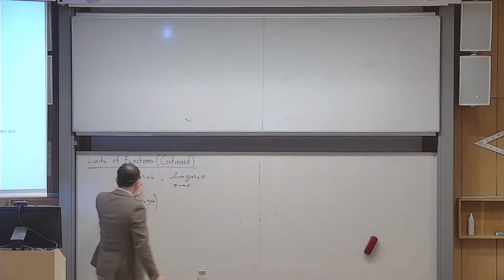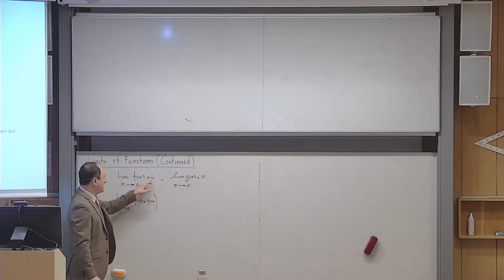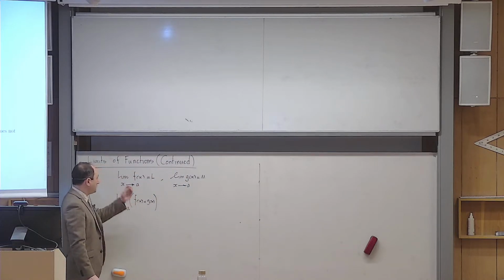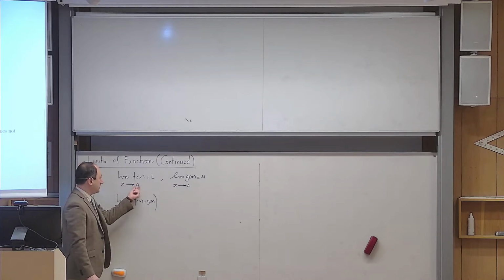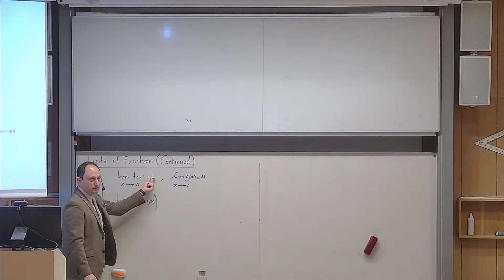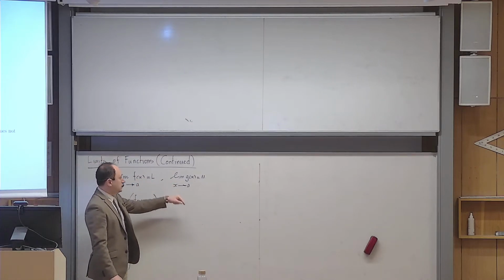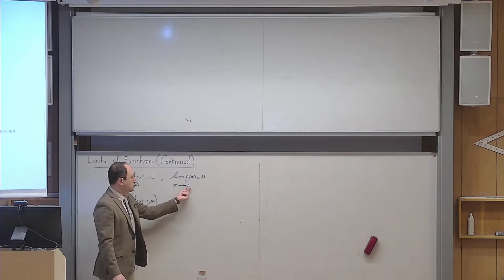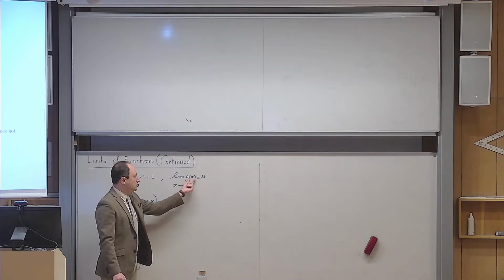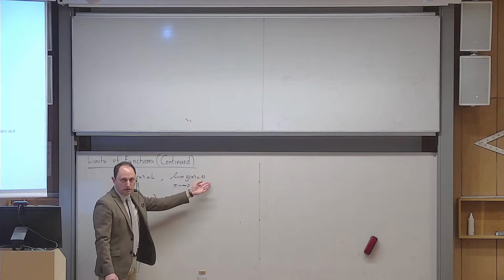Because when you say this limit of f of x is L when x approaches a, it means that if x is very close to a, the value of f of x is very close to L. And on the other hand, if x is very close to a, the value of g of x is very close to m.